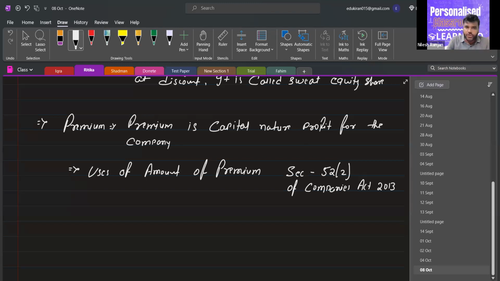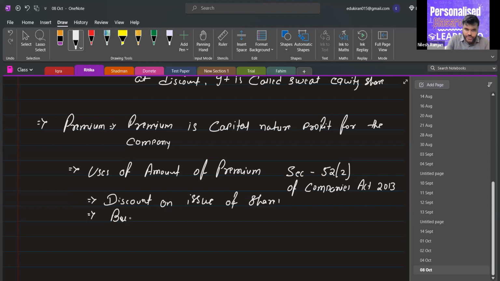Premium is also called securities premium. It is kept as a separate reserve, the securities premium reserve, so the money of premium is written in that. It can only be utilized for capital nature expenses or losses, like discount on issue of shares, and buyback of shares.